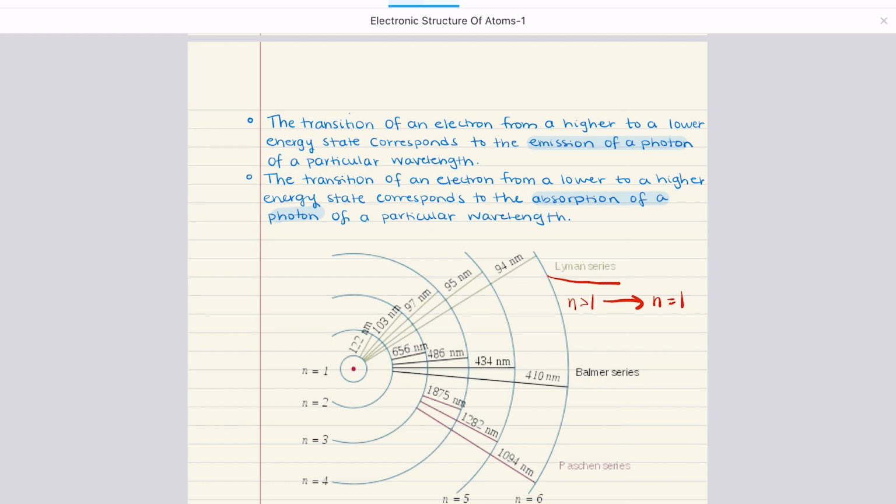The photons that are emitted or absorbed during this transition lie in the ultraviolet region of the spectrum, so UV. Then we have the Balmer series.